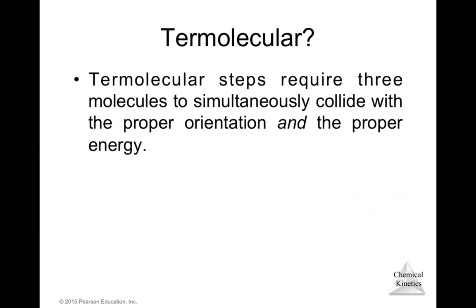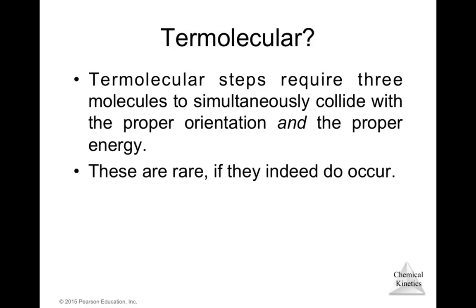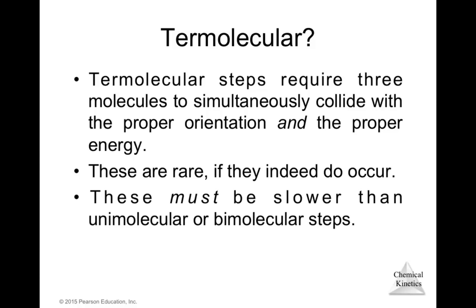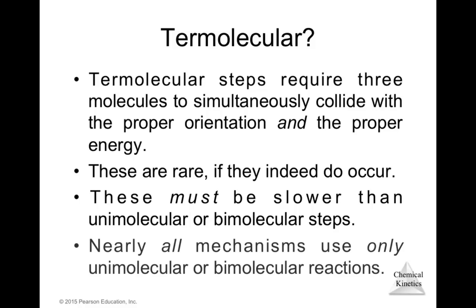Termolecular steps require three molecules to simultaneously collide with the proper orientation and the proper energy. This type of elementary step is rare, if it indeed does occur. It must be slower than unimolecular or bimolecular steps. Nearly all mechanisms use only unimolecular or bimolecular reactions.